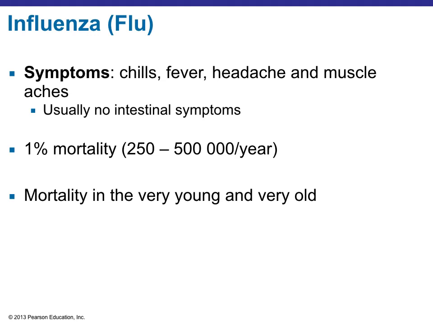There's usually no intestinal symptoms. Flu can be dangerous: there's a 1% mortality, between 250,000 and half a million people a year. But mortality usually occurs in the very young and very old people.